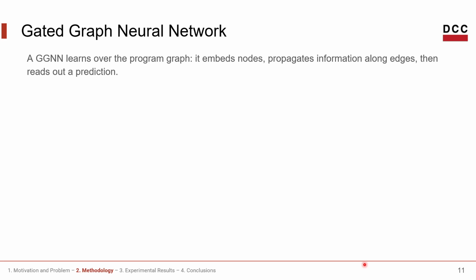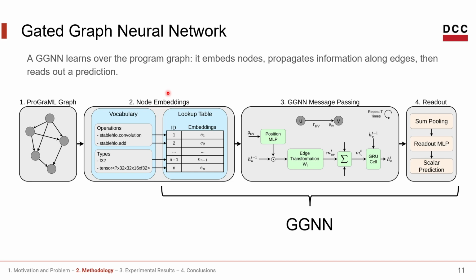Now, talking a bit about the model itself, the neural network used in the thesis is a GNN, which stands for Gated Graph Neural Network, as you can see here. And the architecture can be separated into three components, basically. The first one are the node embeddings.